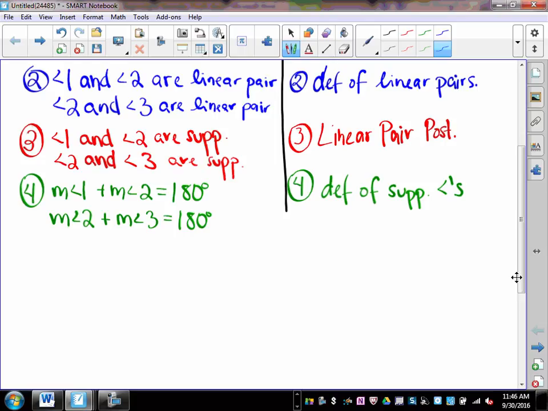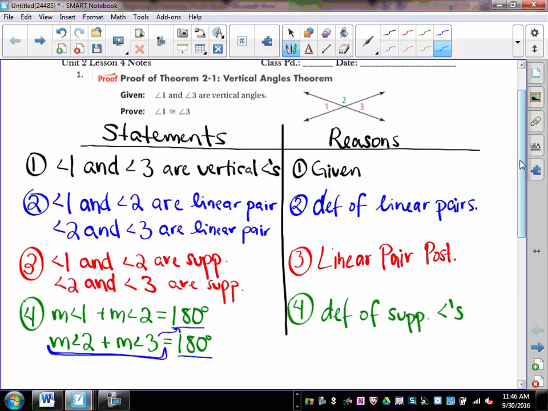Right. So the measure of angle 1 plus 2 equals 180, and the measure of 2 plus 3 equals 180. So essentially what we're doing is taking this piece here and substituting it in for 180, that whole thing.